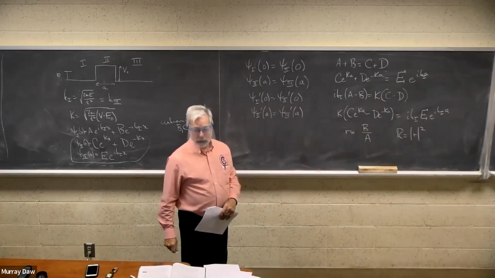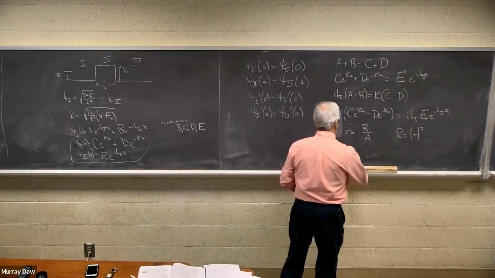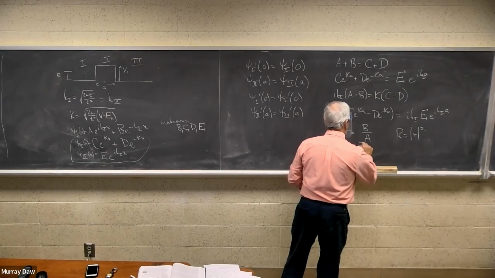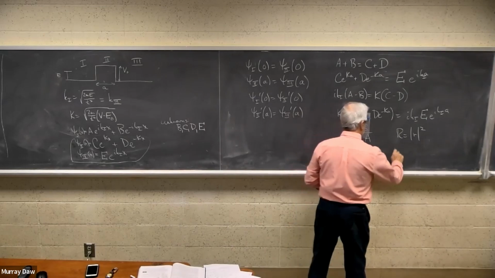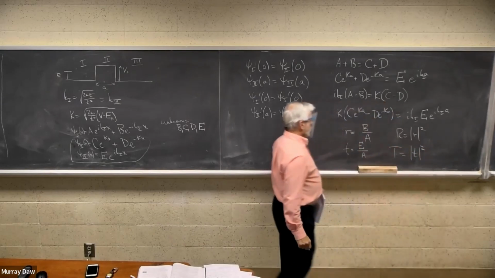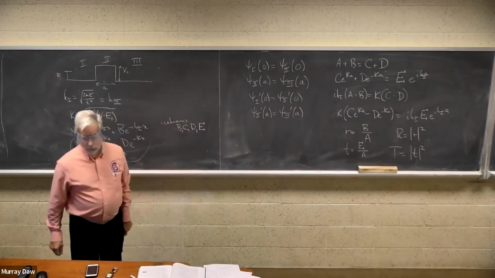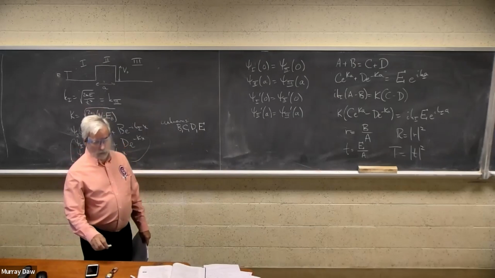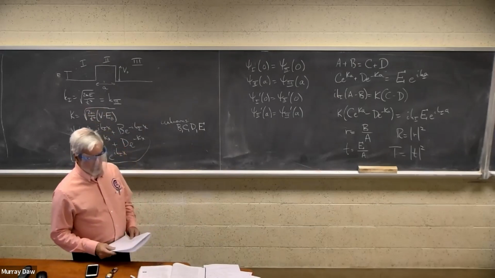And the transmission coefficient is going to be E over A, and the transmission probability is the square of that, and we will find that those two add up to 1 in this problem.